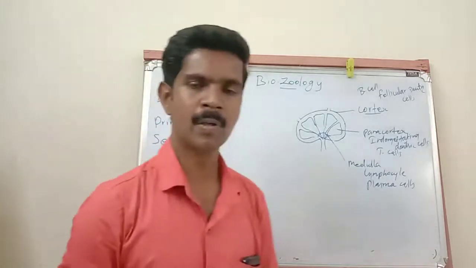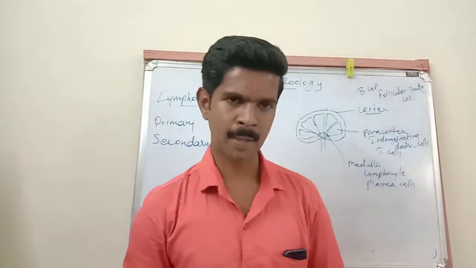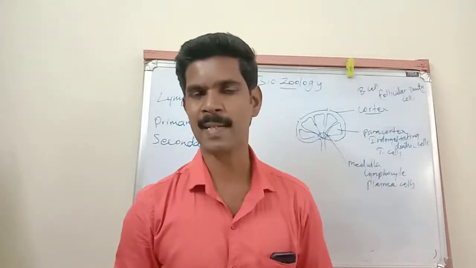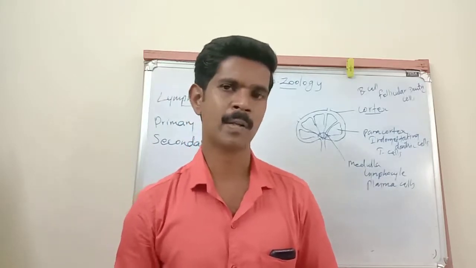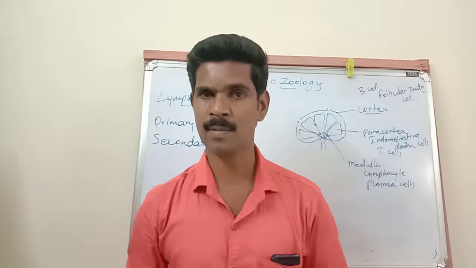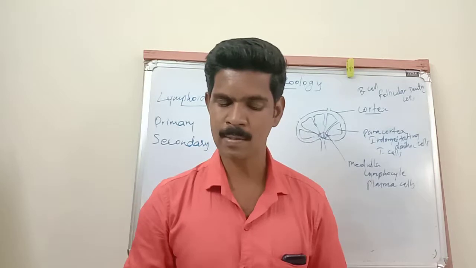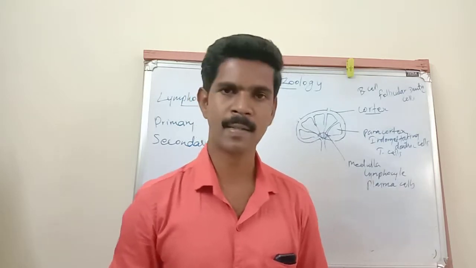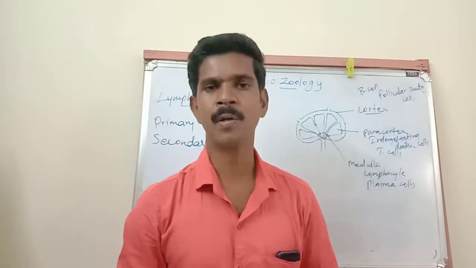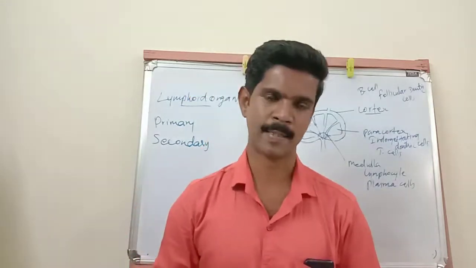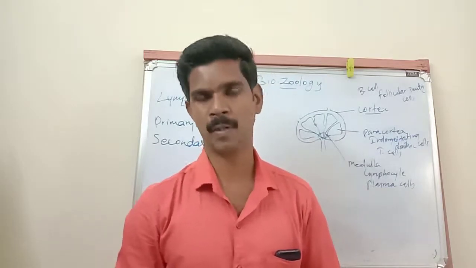The primary lymphoid organs are otherwise called central lymphoid organs, and the secondary lymphoid organs are otherwise called peripheral lymphoid organs. So the lymphoid organs are classified into two major categories. Then let me give the examples for these.